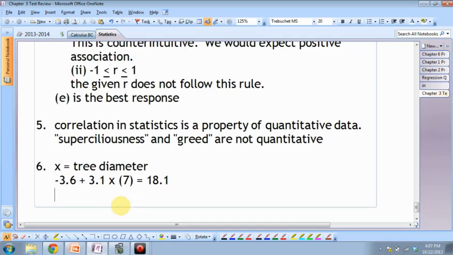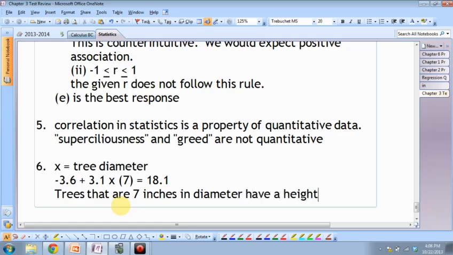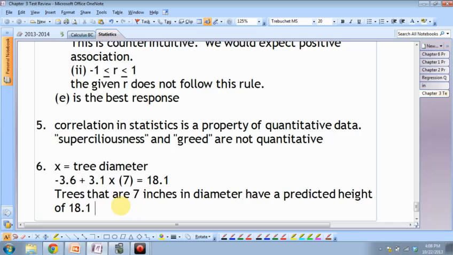So we would predict that trees that are 7 inches in diameter have a predicted height of 18.1 feet.